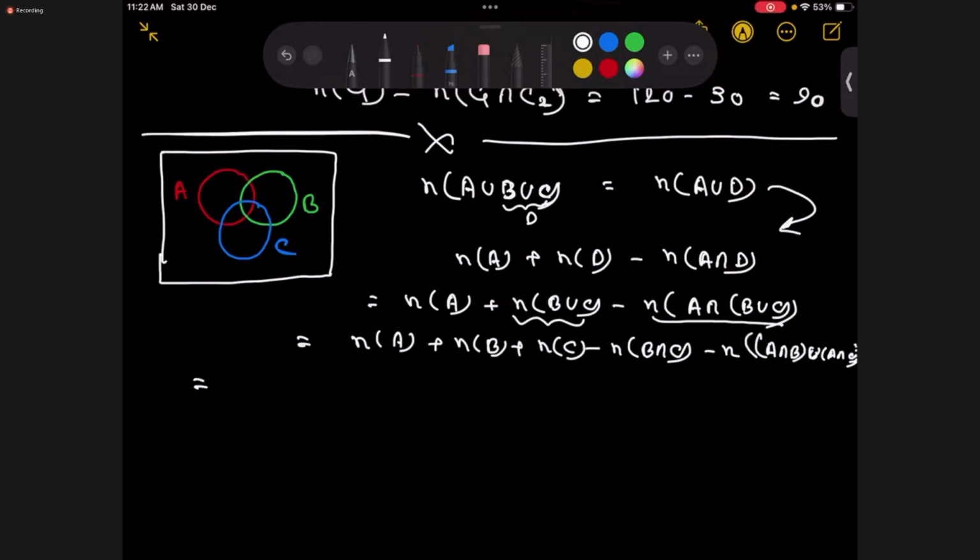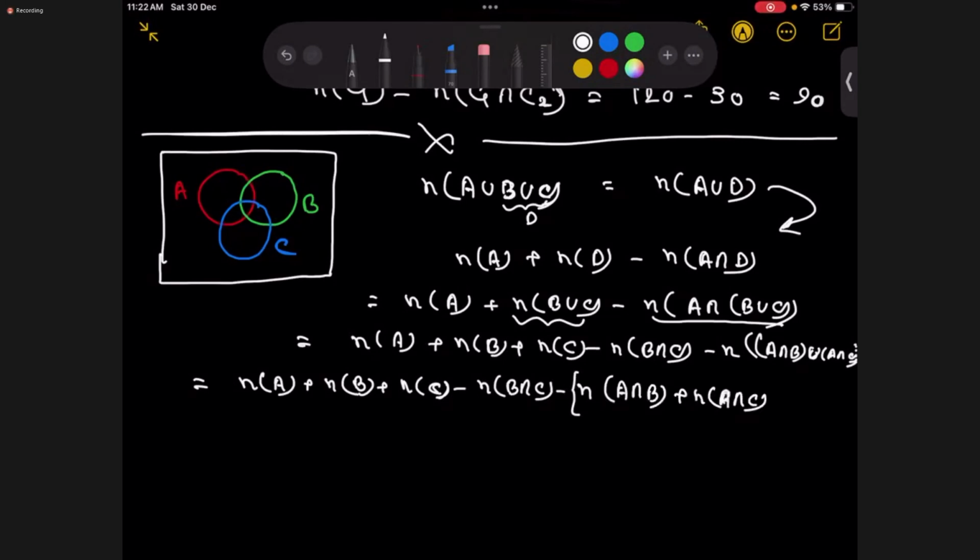So this is equal to N of A plus N of B plus N of C minus N of B intersection C minus, we will use the formula. So let us write in the bracket A intersection B plus N of A intersection C minus N of A intersection B intersection A intersection C. Now what is this?